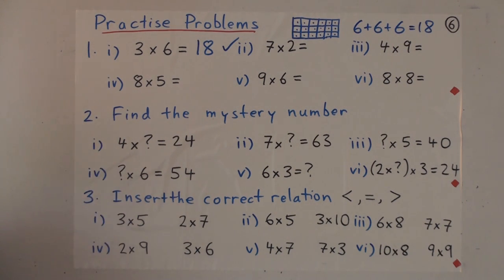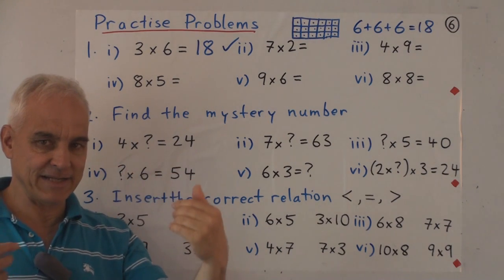In this second question, we're asked to find the mystery number. So it's another aspect of knowing the multiplication table. It's a little bit more subtle now. So now we want to know what mystery number, represented by that question mark, do we need so that 4 times the mystery number is 24. So you need to know the multiplication table perhaps in a slightly different way.